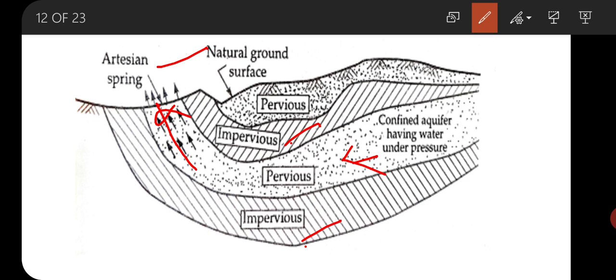In the case of a spring, when the water flows out of the ground, a lake or a pond gets formed. A pakka masonry wall has to be constructed on four sides of this pond.